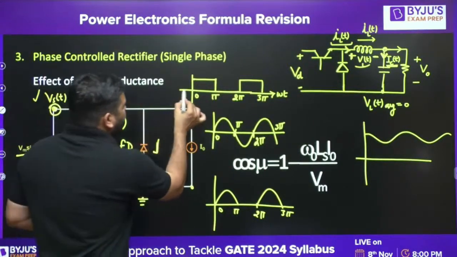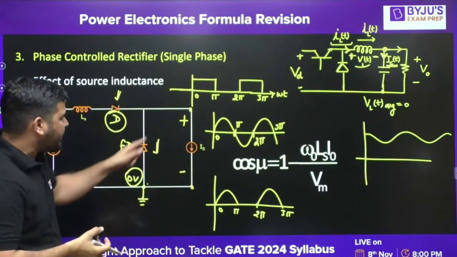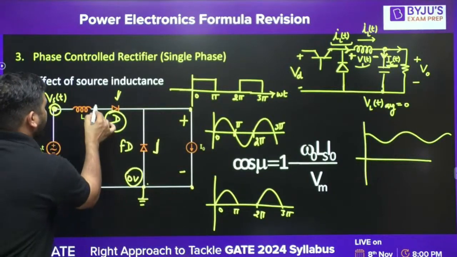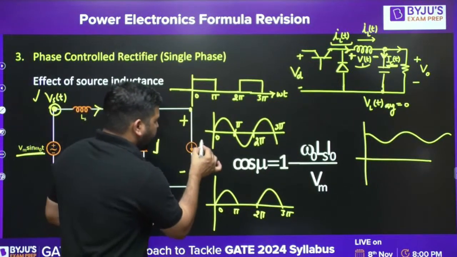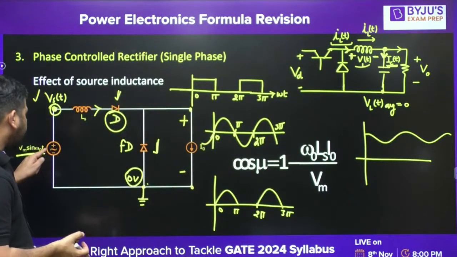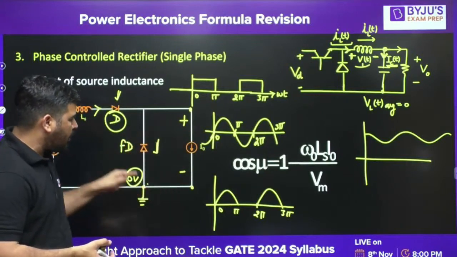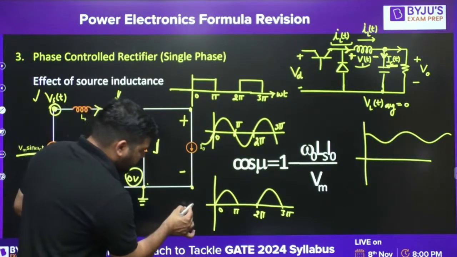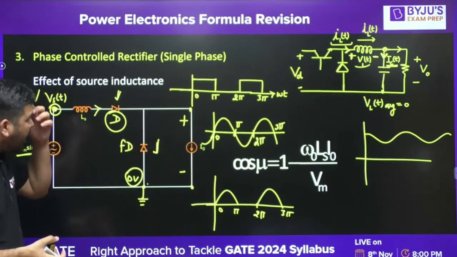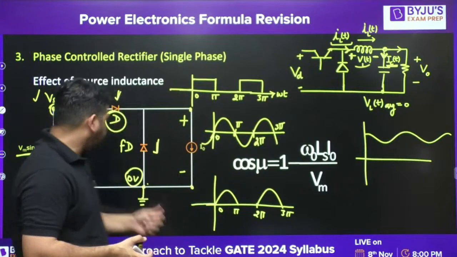Before 0, let's say the voltage was negative, so the freewheeling diode was conducting and there is no current in this diode. The entire current was flowing like this, and the output voltage was 0. Now at t equal to 0, this becomes positive.